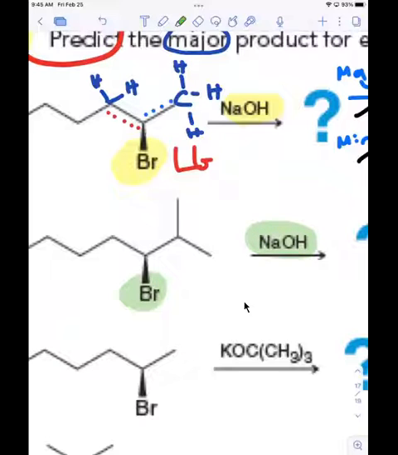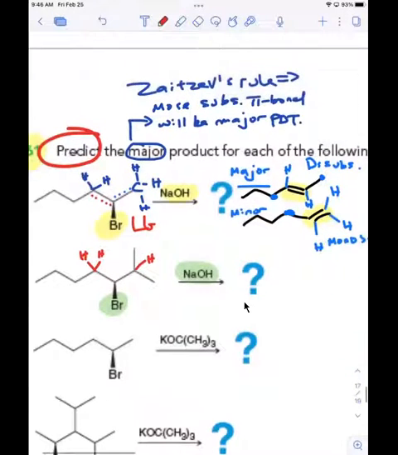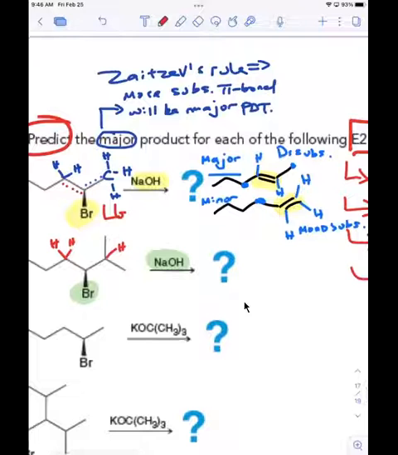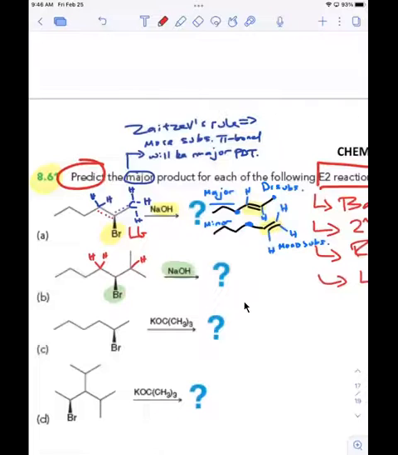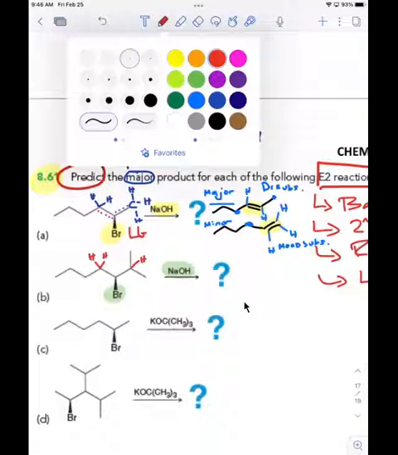So all we're really looking for is the leaving group and the alpha positions, right? So here we got an alpha hydrogen here, and we got one here. That's going to give me two products because my leaving group is between two carbons, right? So what's the first product going to look like? Where's the double bond going to be?